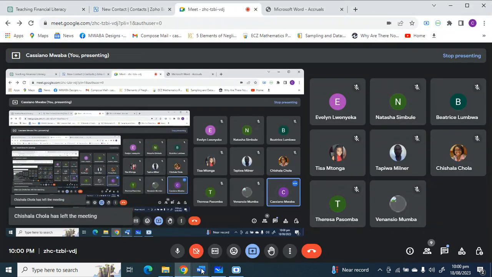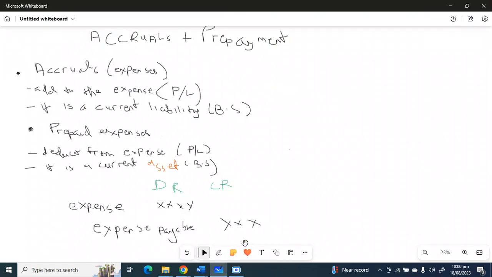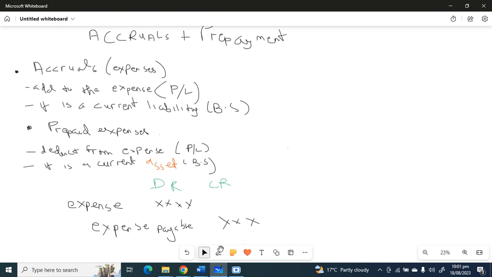Have you taken down these notes? For prepayments, I'll illustrate for you the journal entries and what's supposed to be done as we see in the question. But have you taken down these notes?